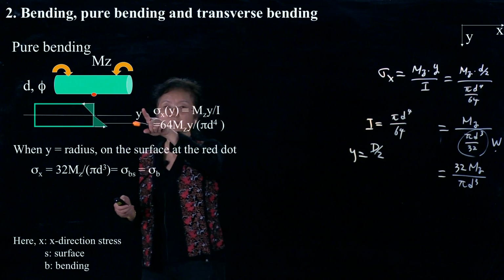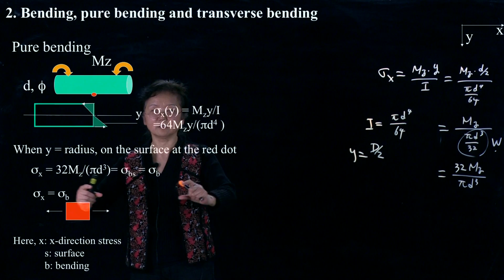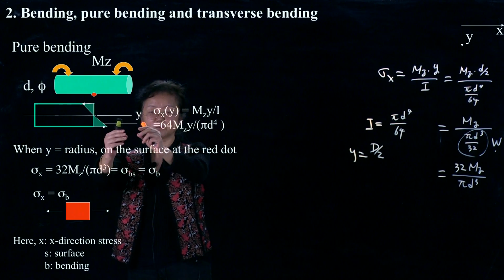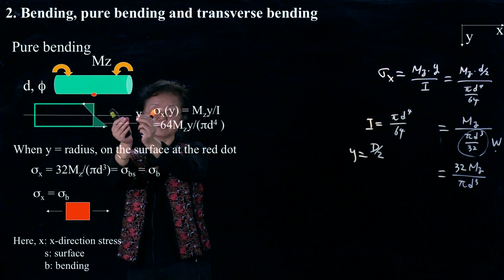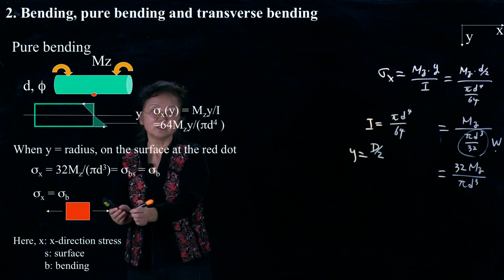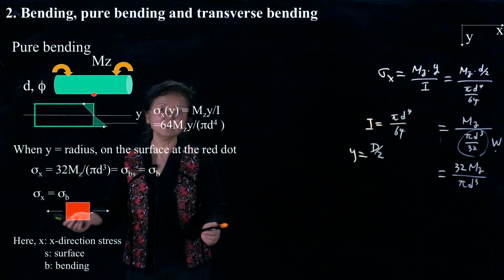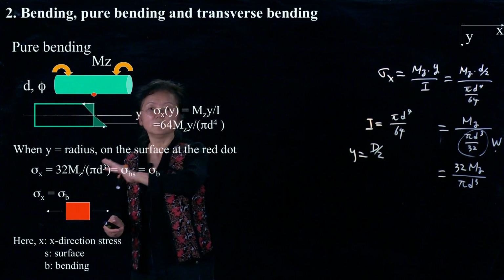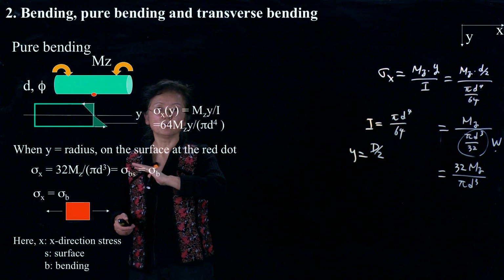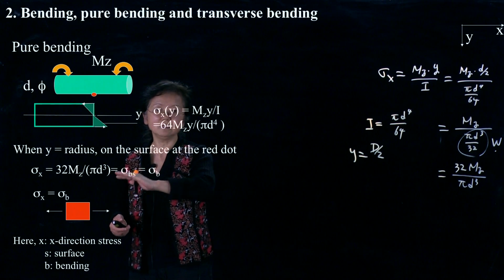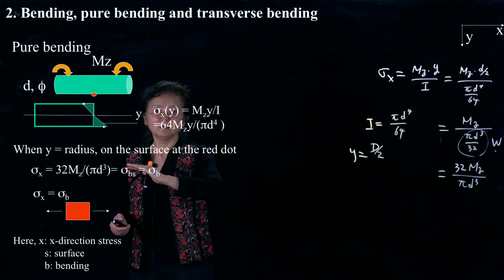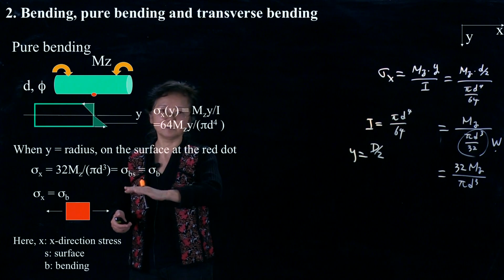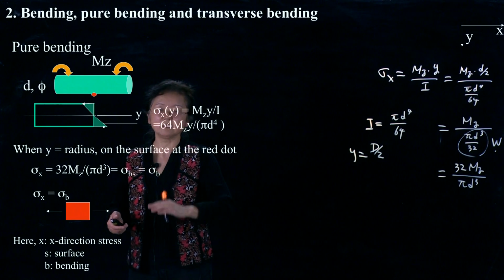I come to this red dot point and I can draw this stress state. We just pick up a square element and move it out. This is the stress in the x direction. You can call it sigma x, sigma b, or sigma b on the surface, SB or BS whatsoever, or just simply sigma.